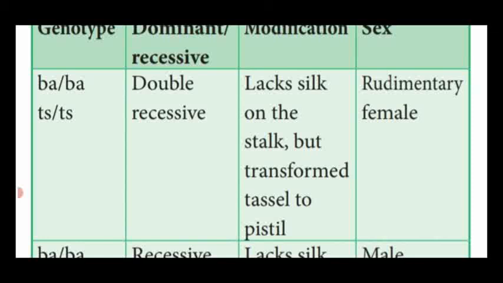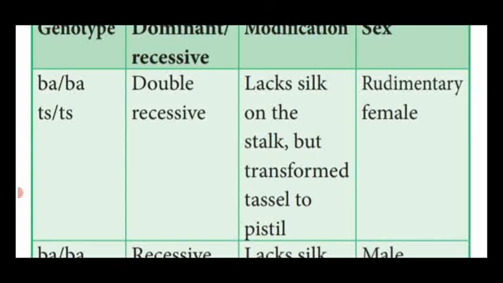So, lacks silk, double recessive, when we say that, what will happen? Male parent means male flower. Lacks silk means female flower is absent. But this flower is transformed tassel to the pistil. So pistil means male florets are transformed to female florets. Which one is dominant here?